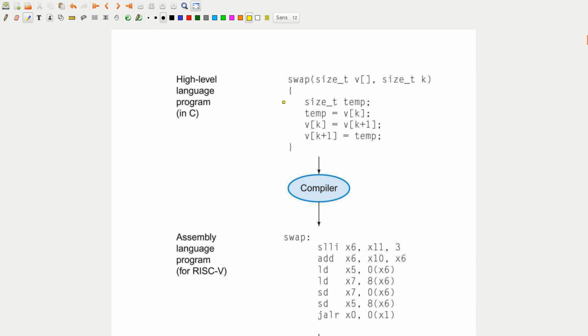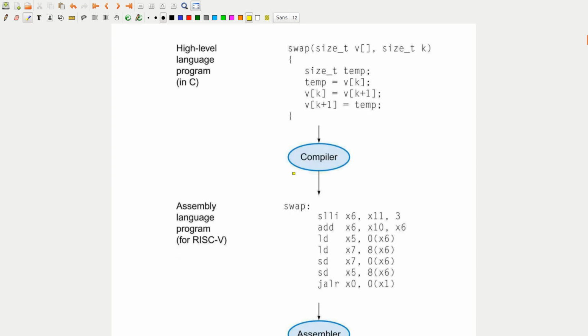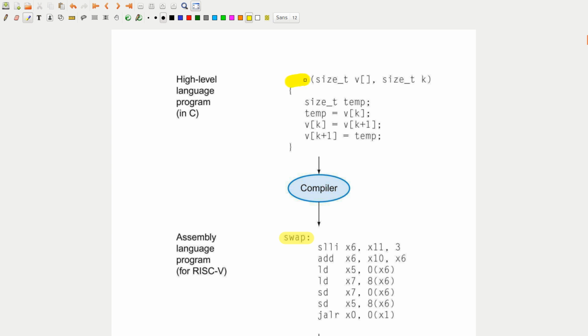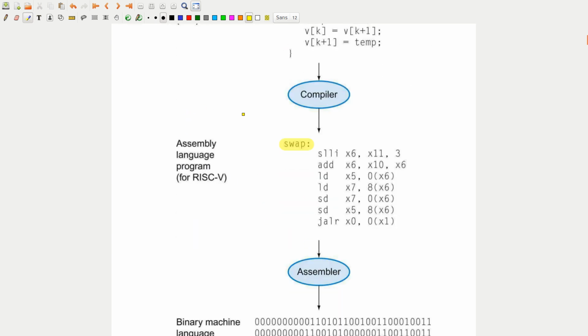So here we go. We've got C. We've got an equation for swapping. And then this is given to a compiler. This is turned into an assembly language. So it's going to have some function called swap still. And the way that this will work in assembly is that when swap needs to be called, there'll be a branch someplace where it'll tell the program counter to jump to this function.